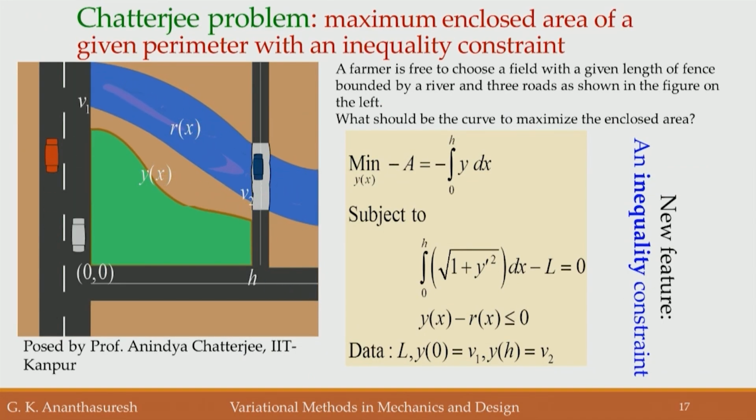Here is a problem, it is a geometry problem which I call the Chatterjee problem, because Professor Anindya Chatterjee, who is at IIT Kanpur now, had discussed this and in a way posed this problem.